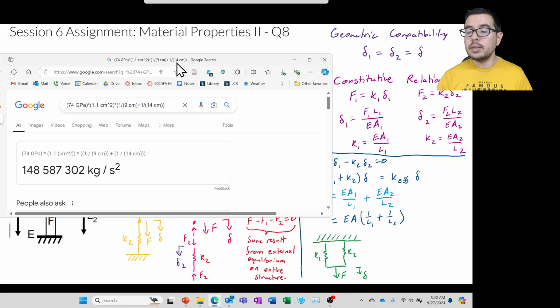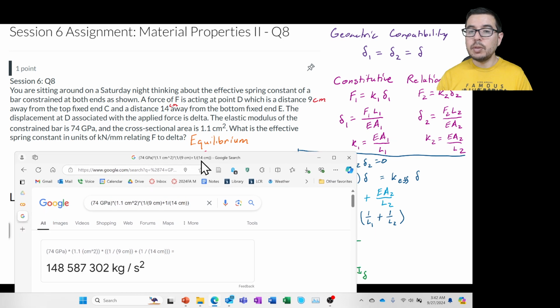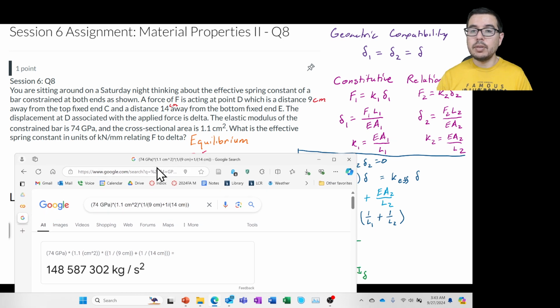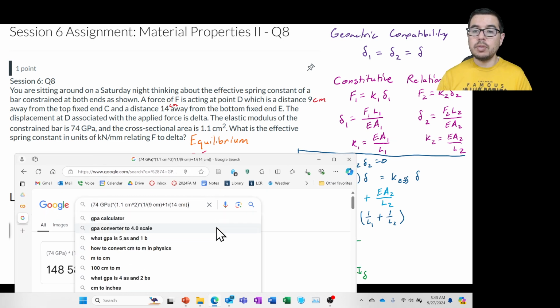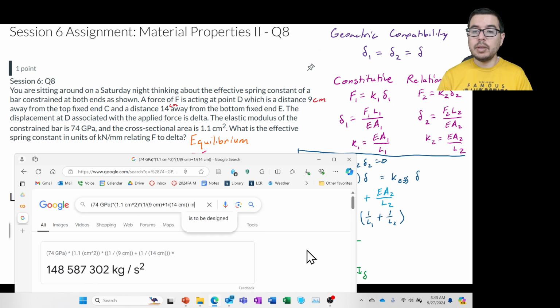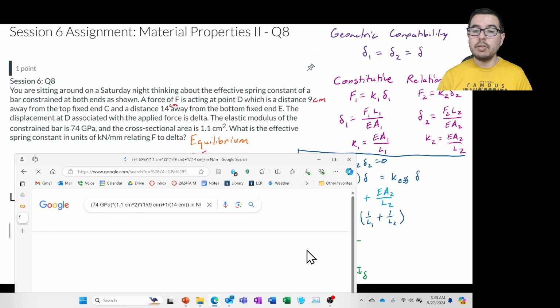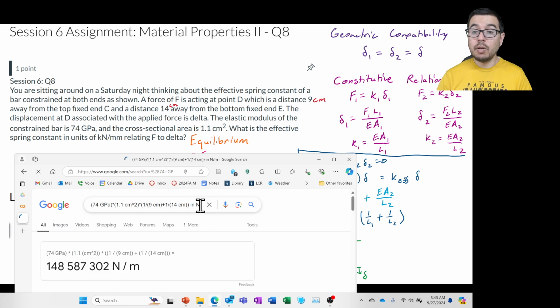That's not necessarily what we want. I don't think it's going to be able to give it to us. Can we do this in newtons per meter? I don't know if Google's that smart. Oh, it is that smart. Okay, so let's see. That's good. This is exciting. So kilonewtons per millimeter.